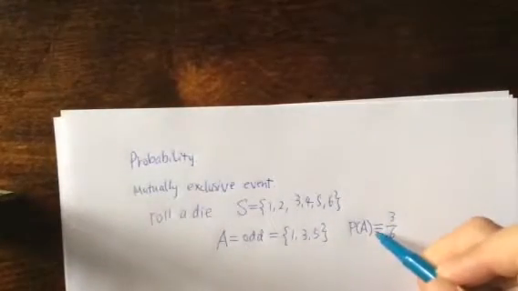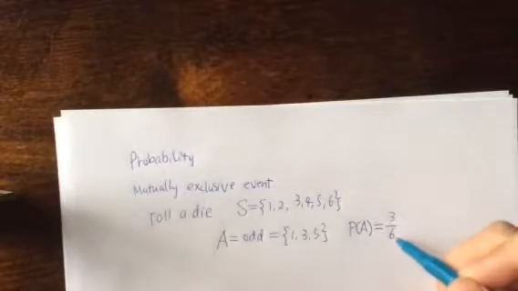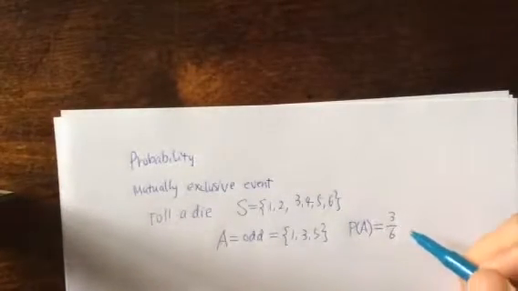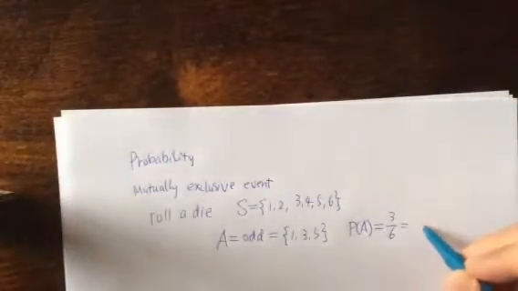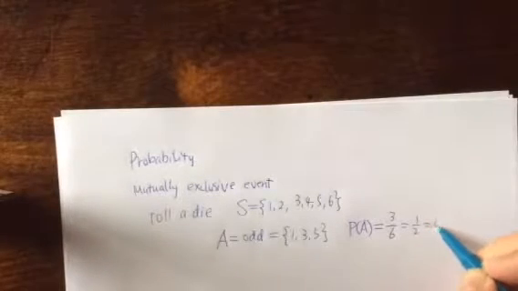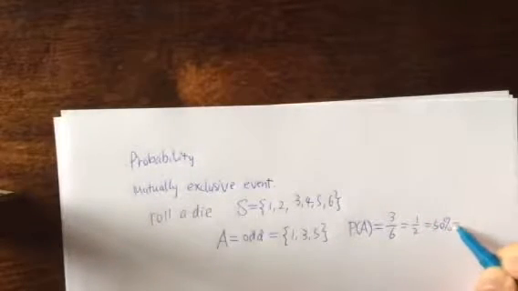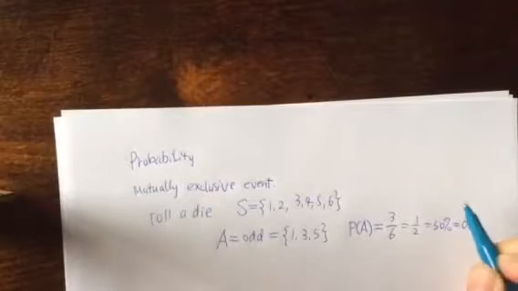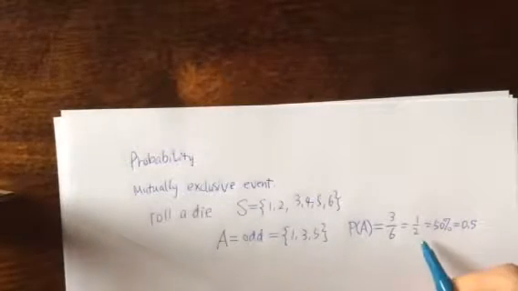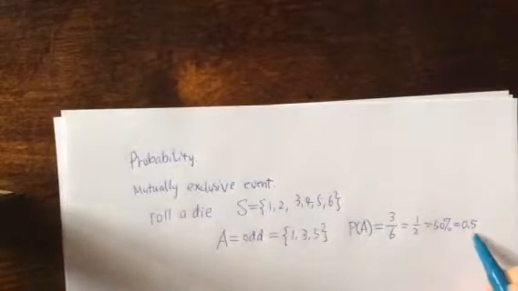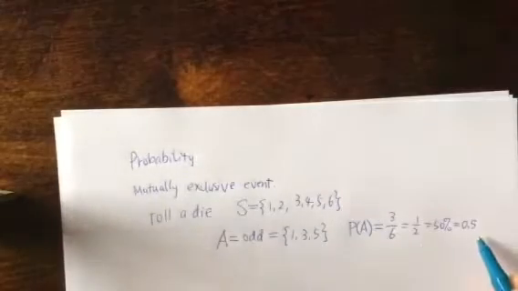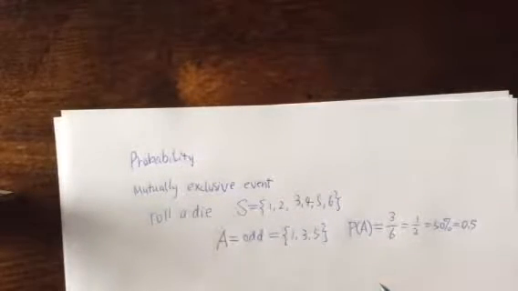So the part that belongs to the event divided by the total number of outcomes. So that gives us 1/2 or 50%, or you can also write it 0.5. We call that the proportion, that percentage, and that's a probability. They all start with a P and they all mean the same value.